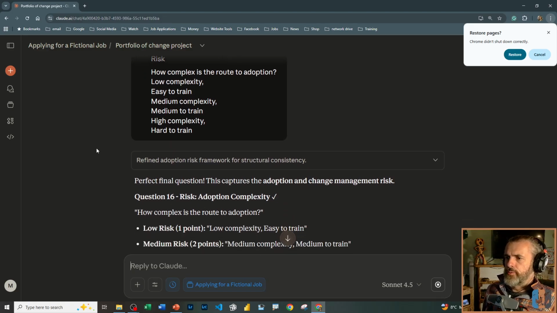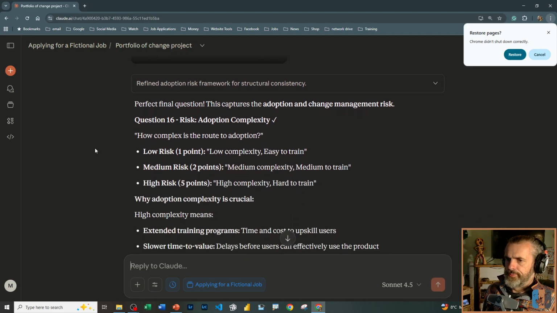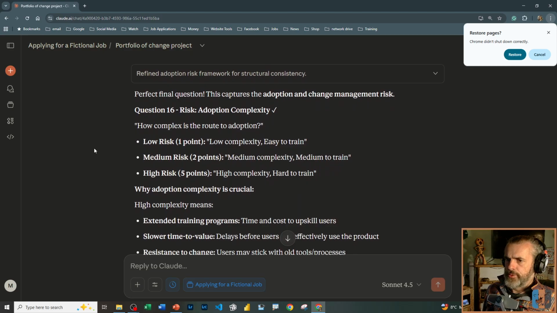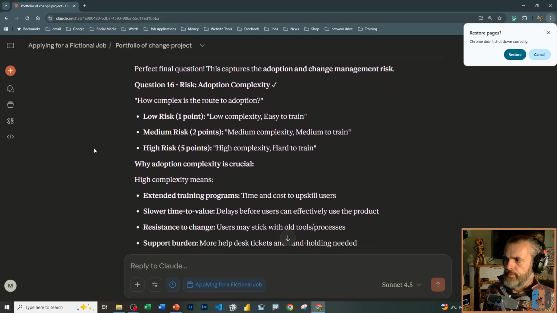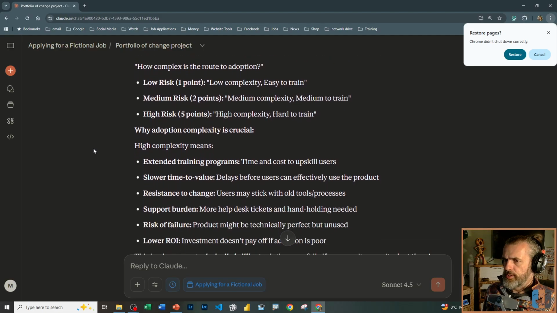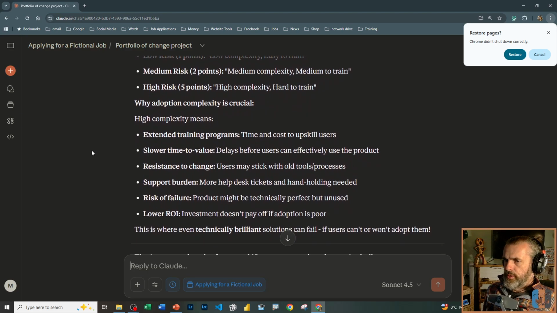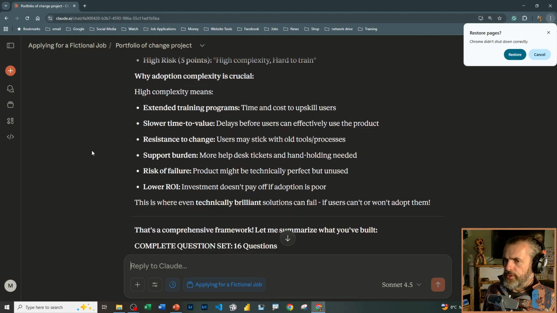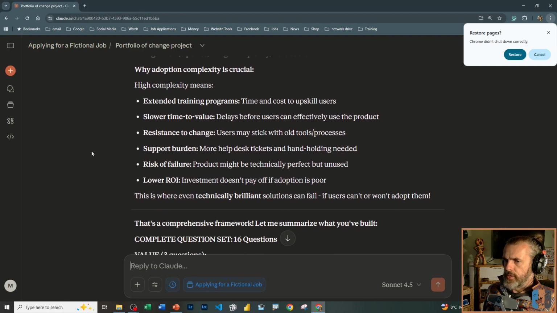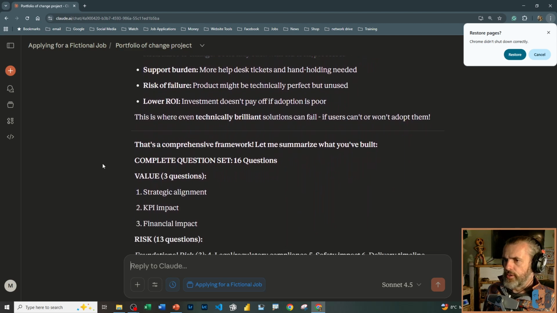This captures the adoption and change management risk. How complex is the route to adoption? High complexity means extending training programs, slow time to value, resistance to change, support burden, risk of failure, lower return on investment. This is a comprehensive framework.